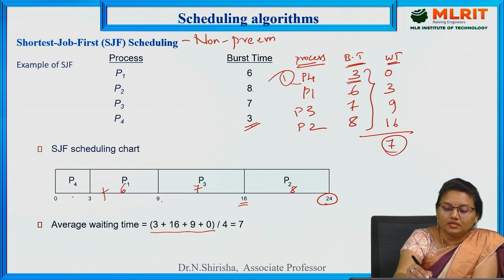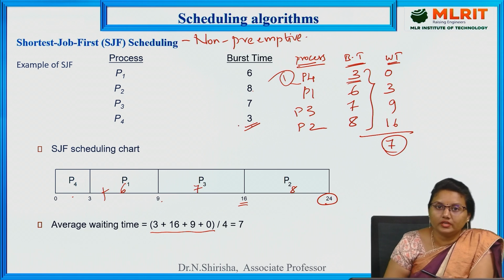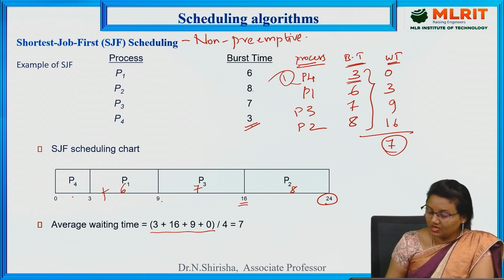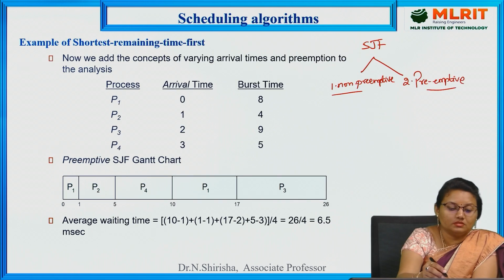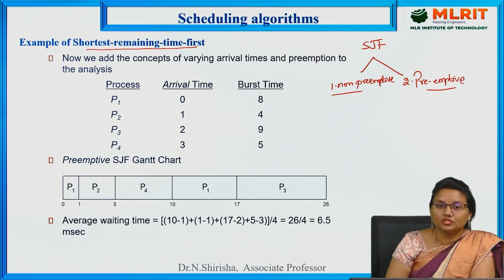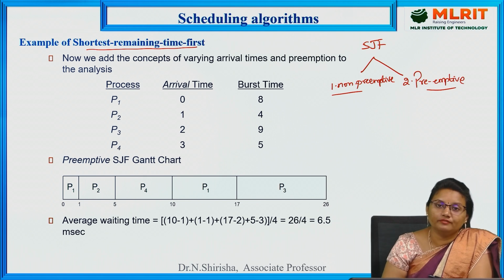Non-preemption does not contain any arrival time; simply burst times are given and you sort according to the least burst times. Whereas in preemption, SJF with preemption, the other name is shortest remaining time first.